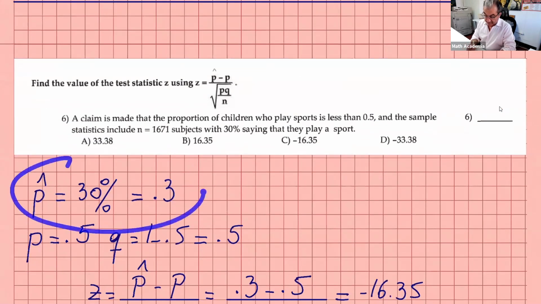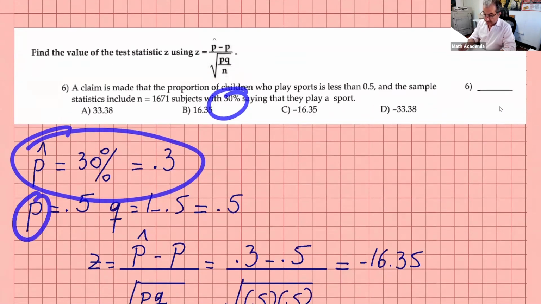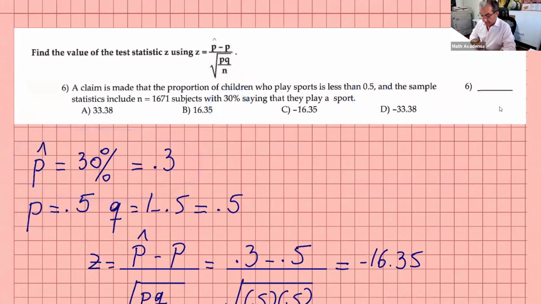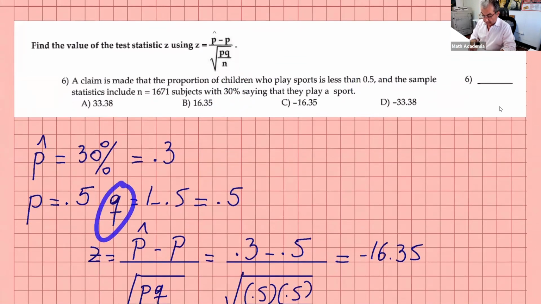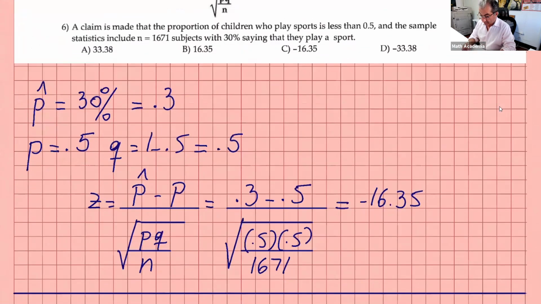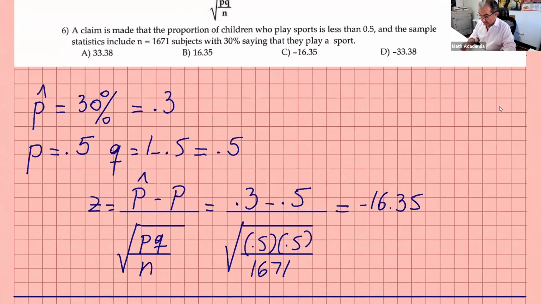So the givens here are p hat, 30%, p is in the claim, which is 0.5, and q is always 1 minus p, which is also 0.5. So if you substitute 0.3 minus 0.5 divided by the square root of p times q, which is 0.5, divided by n, which was 1671, and if you do that, you get negative 16.35.